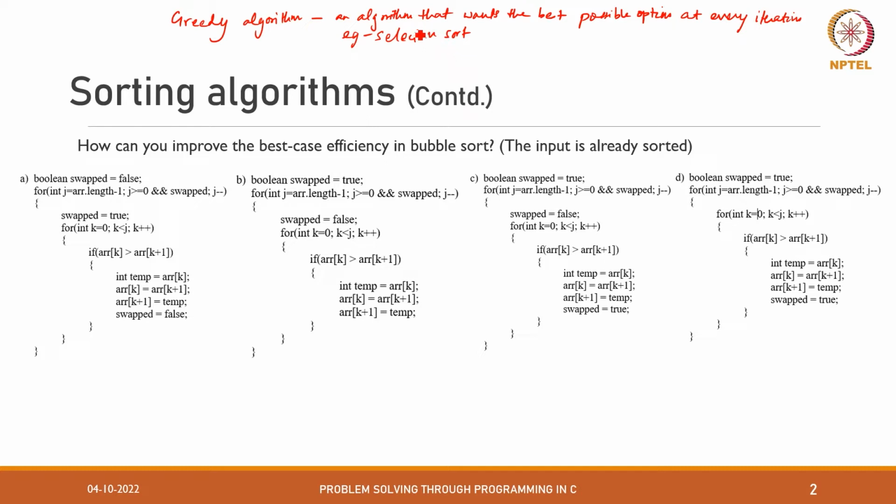So in selection sort we always go for the minimum or the maximum element, which is the best possible option at every iteration. That is a greedy algorithm, which basically means that it wants the best possible option at every iteration.